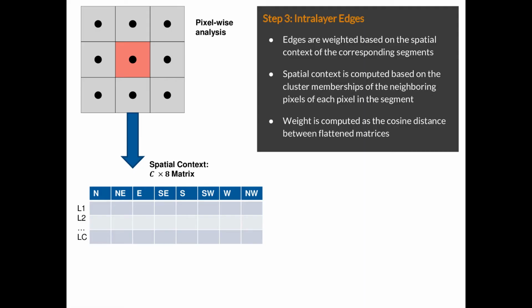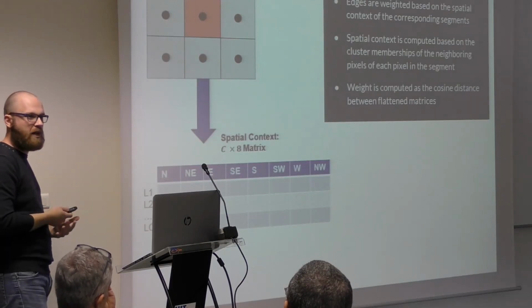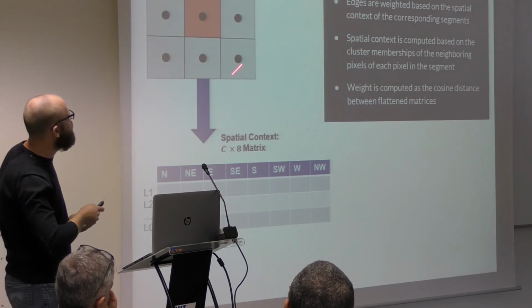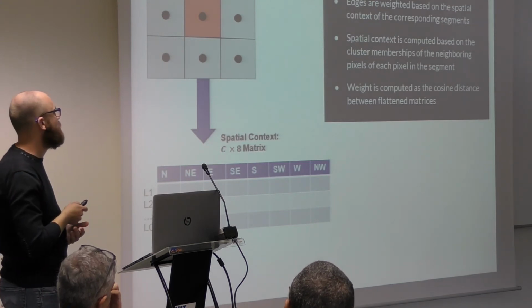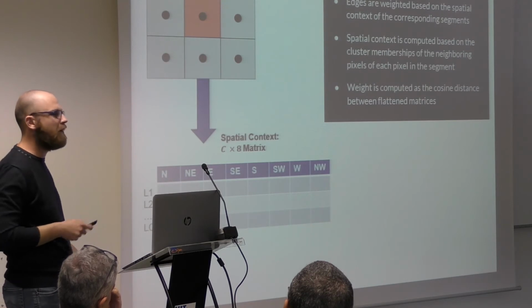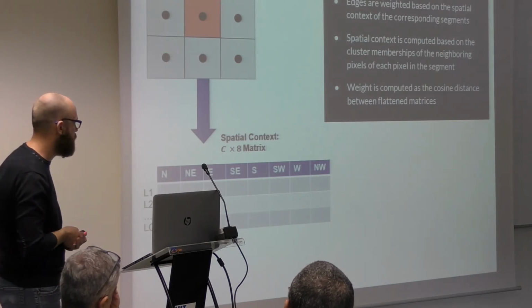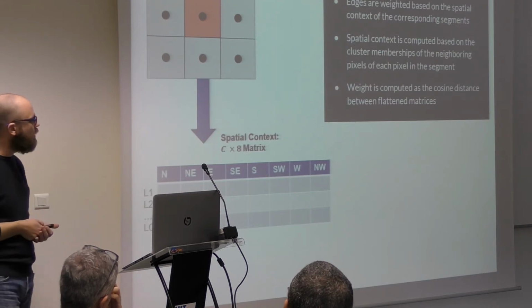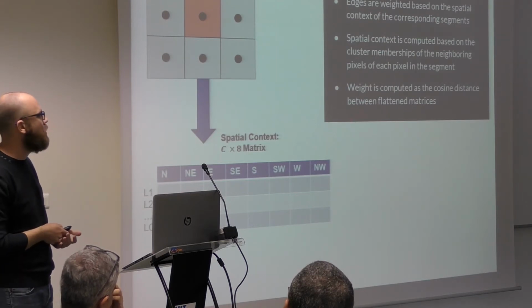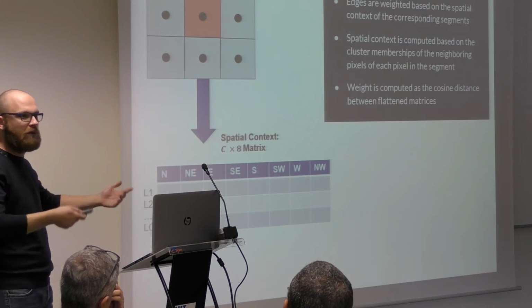It's how the segment is placed among other segments which have different cluster membership probabilities. So it's a way to define the context around each segment. Based on the 8-connectivity matrix of each pixel, and then the weighted sum over each segment, which comprises a certain number of pixels in their directions, okay? And then the weight is computed as the cosine distance between the contexts of the two segments.